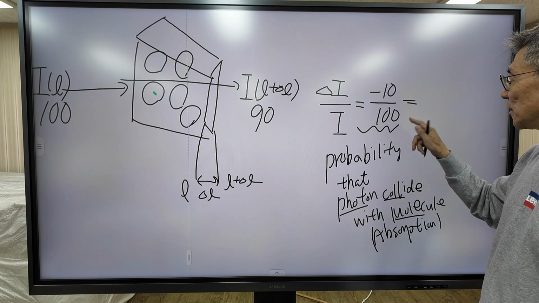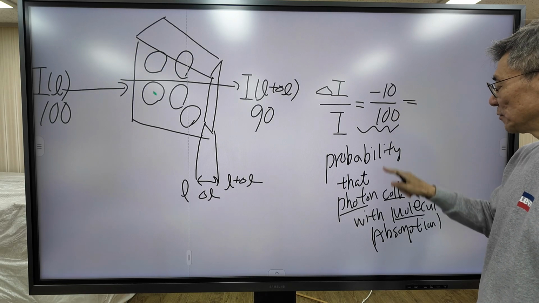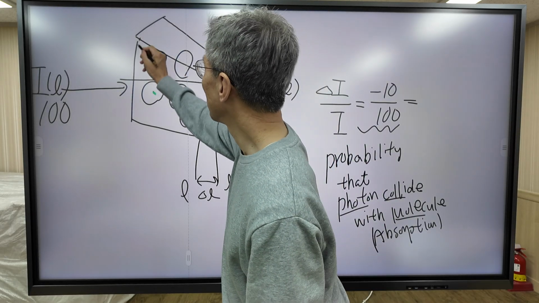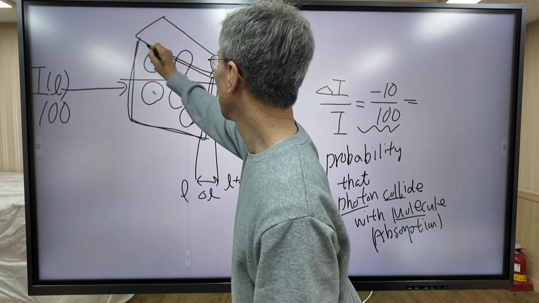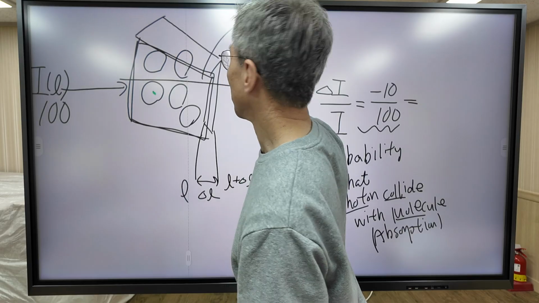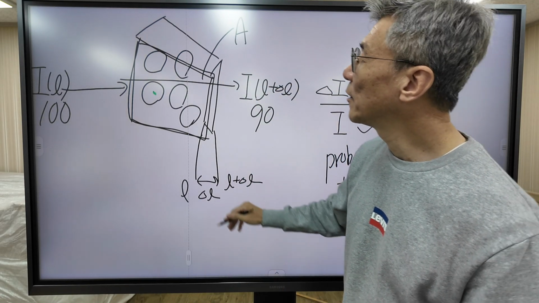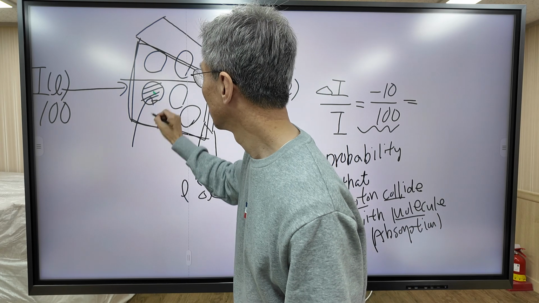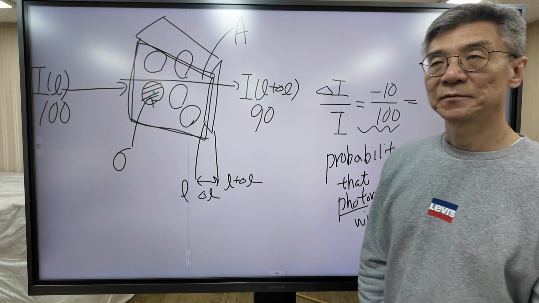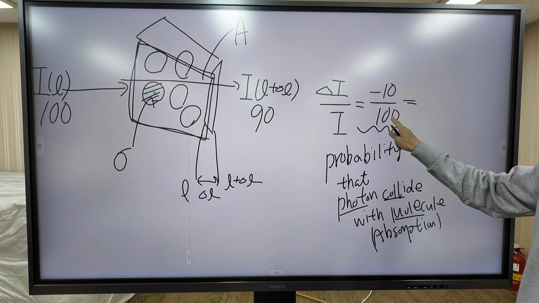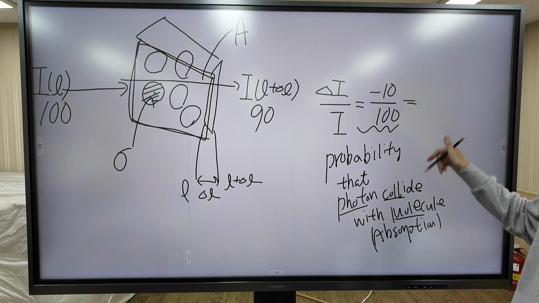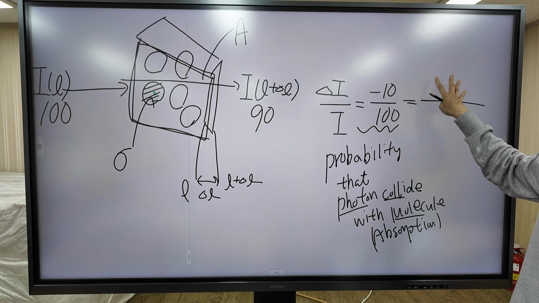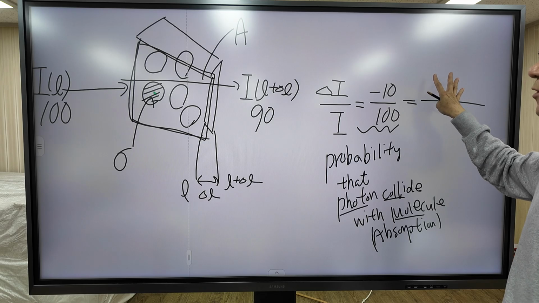So how do you calculate the probability that a photon collides with the molecule? Now this area is A, and the area of a single molecule is called sigma. So the probability of the photon colliding with the molecule is the area the molecules occupy.